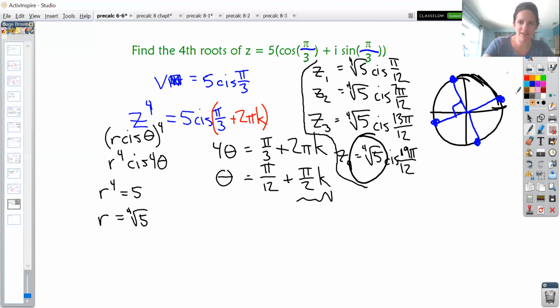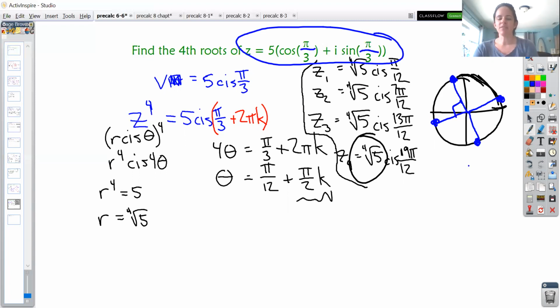Also then, last but not least, you can see that because I was finding the roots of a complex number, these are all equally spaced apart, but they don't have symmetry other than rotational symmetry.